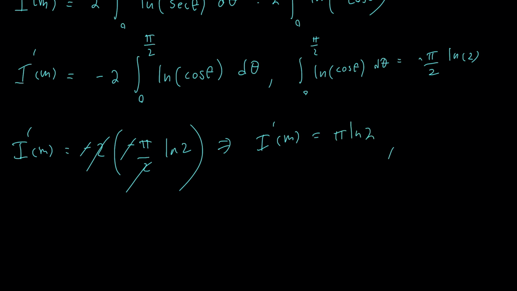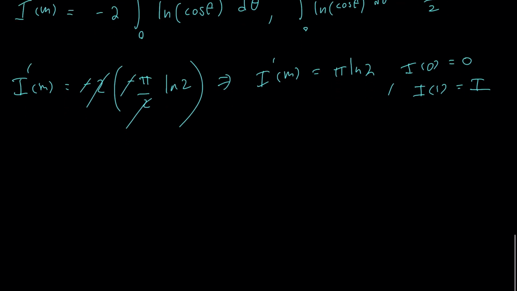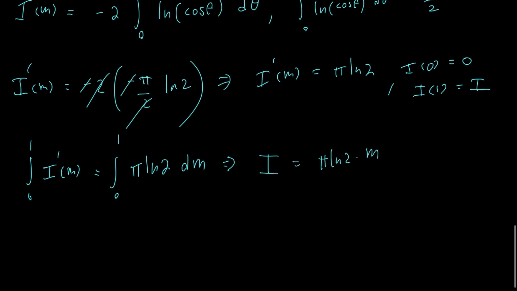But we're not done yet. We said that I of 0 is 0 and I of 1 is the original integral. So integrating both sides from 0 to 1, the integral from 0 to 1 of I prime of m is the integral from 0 to 1 of pi log 2 dm, which means that our original integral is pi log 2 times m from 0 to 1, which means that I equals pi log 2.